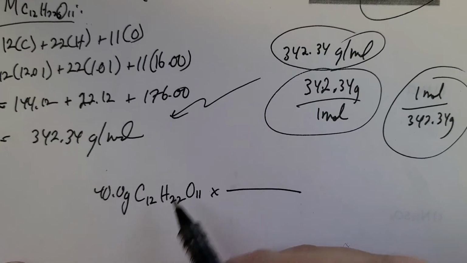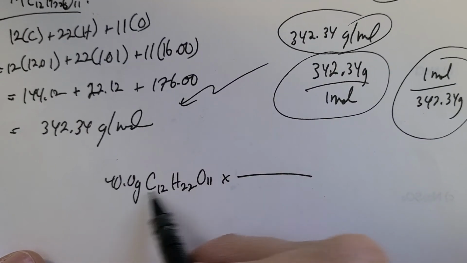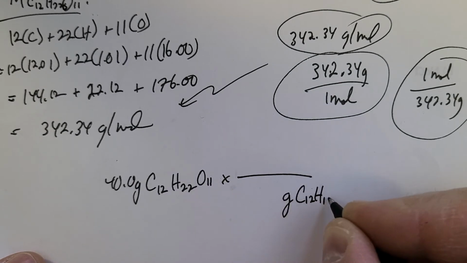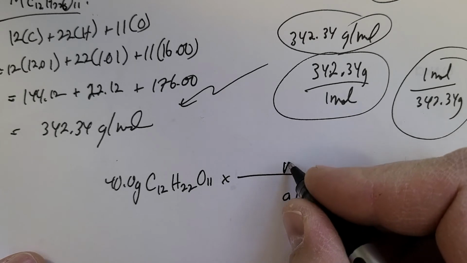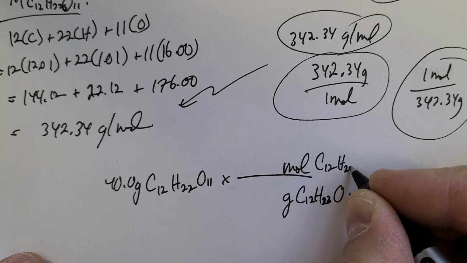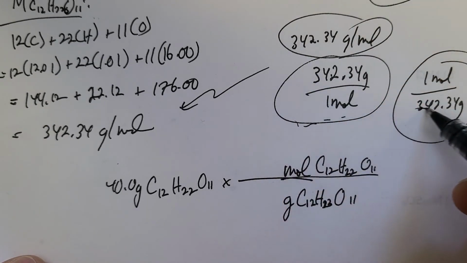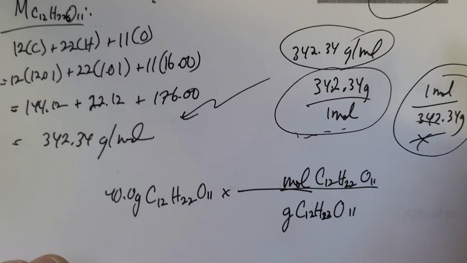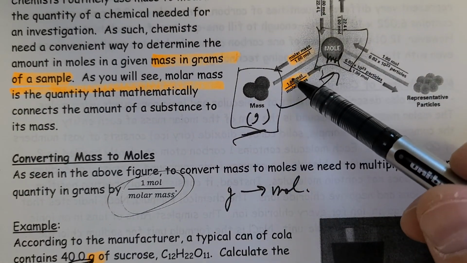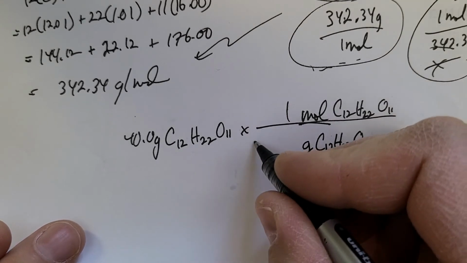To figure out which way we need to use it, though, you can see here we need to end up with moles and cancel grams. So grams here, and end up with moles. C12H22O11. So I'm going to likely use this version right here. And that's the version that's recommended here in this little schematic that you have access to. 1 mole over the molar mass.